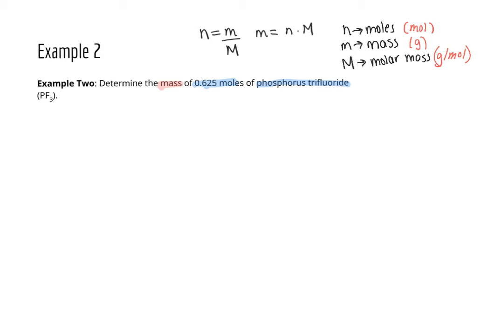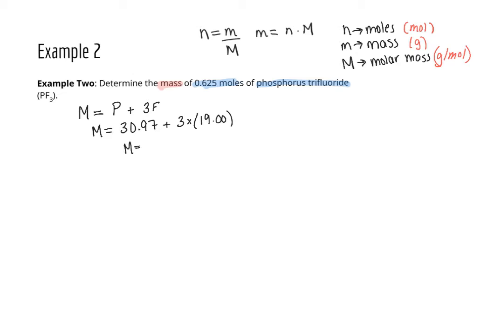So the first thing that we need to do is determine the molar mass of phosphorus trifluoride. To do that, we need to figure out the molar mass of phosphorus, plus, since there are 3 fluorines, 3 times the molar mass of fluorine. So if we go into our periodic table, we'll see that the mass of phosphorus is 30.97. We'll add that to 3 times however much the fluorine is, which is 19.